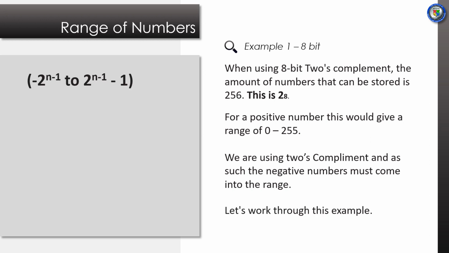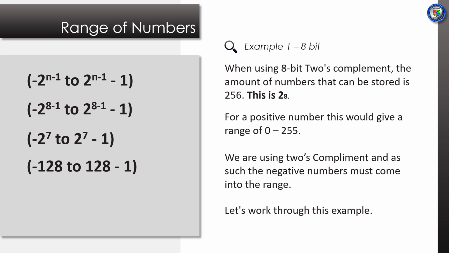Let's work through this example using the formula we discussed in the last slide. In this case, we're going to use 8 bits. We represent n as 8. Negative 2 to the 8 minus 1 to 2 to the 8 minus 1, minus 1. This means we have negative 2 to the 7 to 2 to the 7 minus 1.